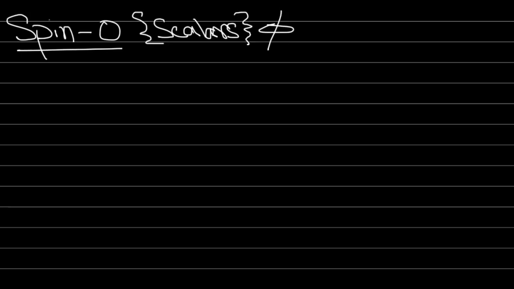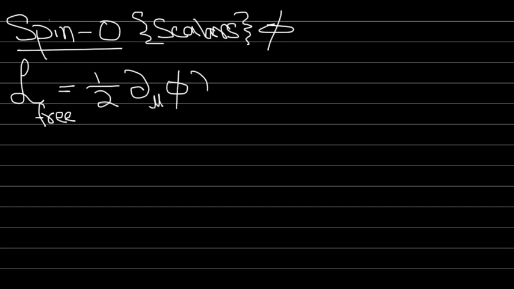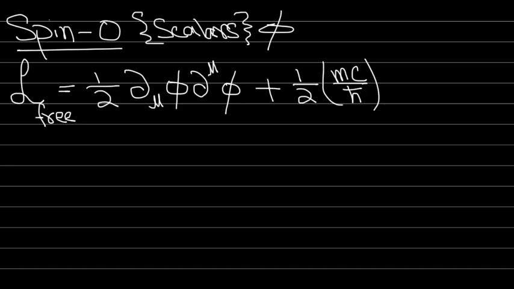Now I'm just going to write down the Lagrangian that satisfies these spin 0 fields, that is equal to 1/2 partial mu phi times partial mu phi plus 1/2 (mc over h bar) whole squared times phi squared.